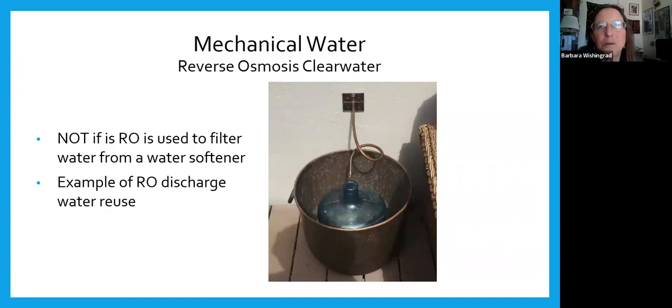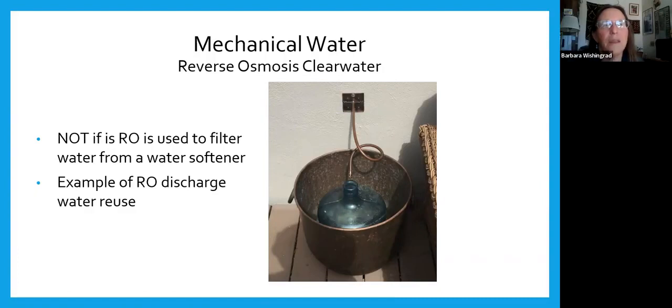And reverse osmosis clear water is something that they're doing a little better these days, but there's a lot of clear water produced when you get the reverse osmosis, the water to drink.